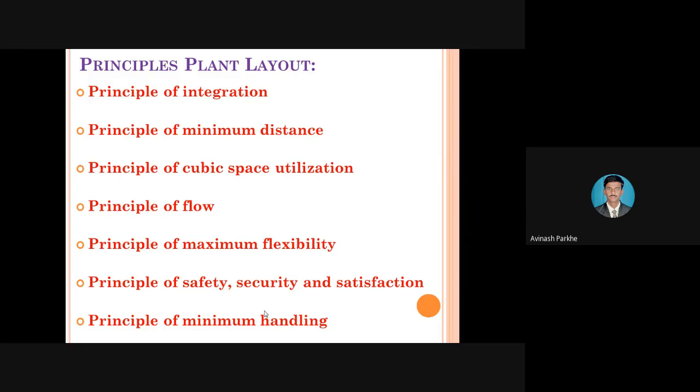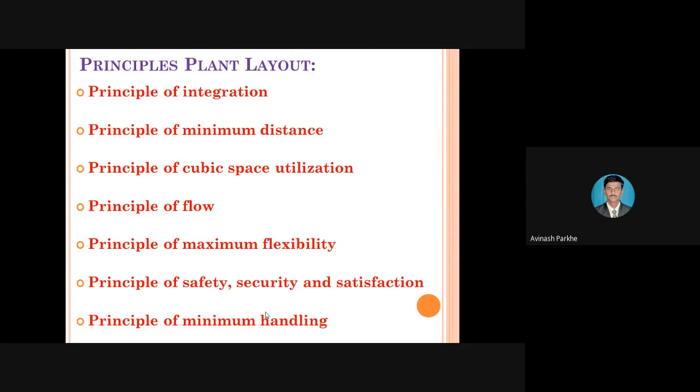Along with designing the plant layout, as per the requirement of that layout, we have to provide safety and security to all types of workers, and through this you have to satisfy their needs. Whenever operators, workers, and supervisors are working in that industry or using that plant layout, their satisfaction should take place.